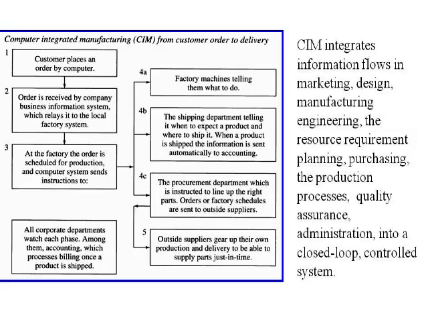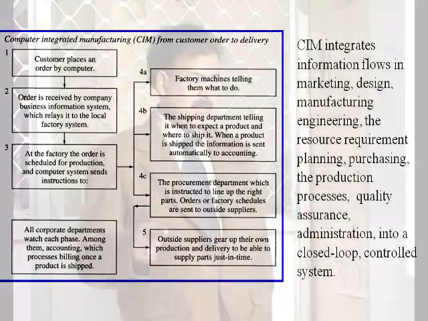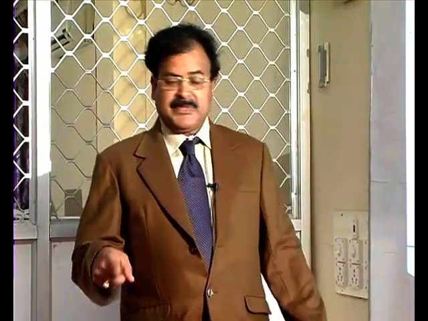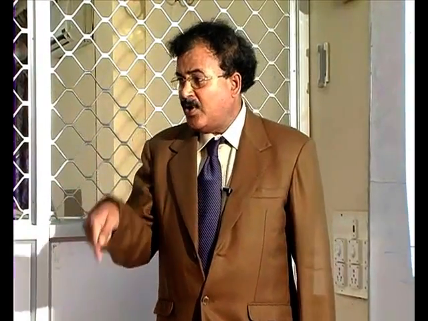So by the time some processing is done, all the other equipment is available to do the total assembly. The assembly is done and tested, and then the outside suppliers are geared up for their own production and delivery, to supply parts just in time. Sometimes you won't manufacture some things on your shop floor, so there are subcontracted items.